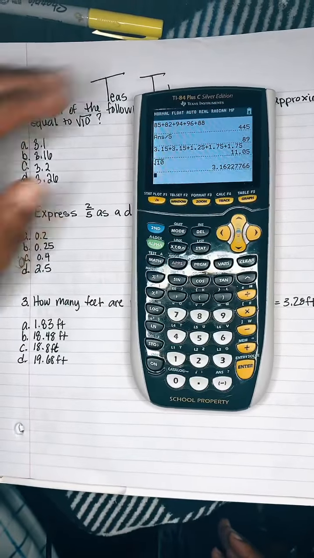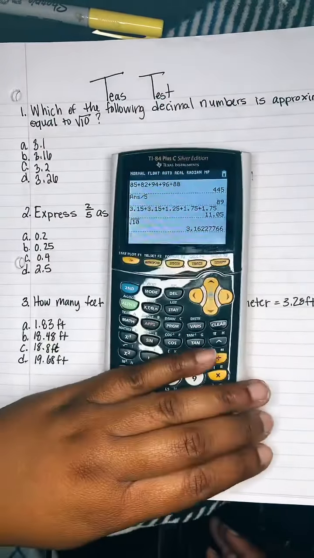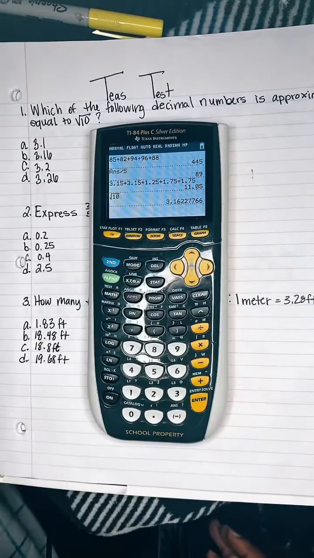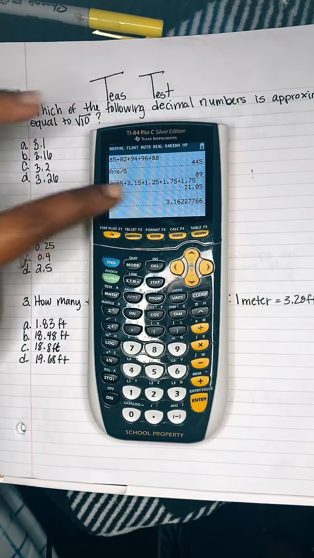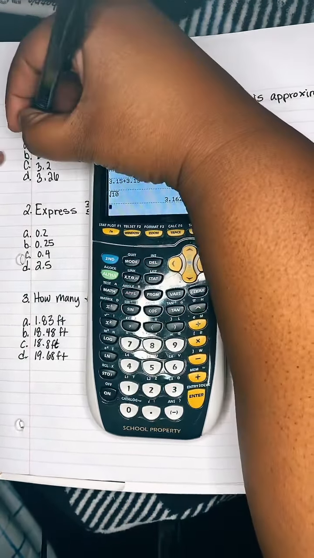And so by doing that, what would you guys say your answer is? Yep, I would say, ooh, see, this is a question, right? Are we supposed to round, or are we supposed to give an approximate? I would go with B.